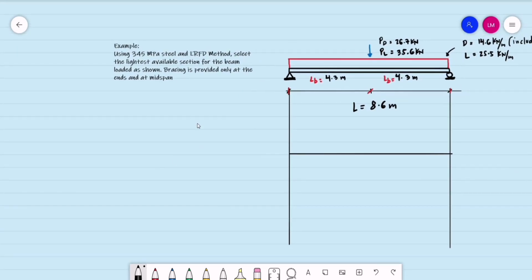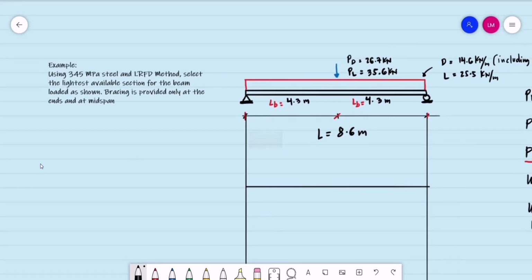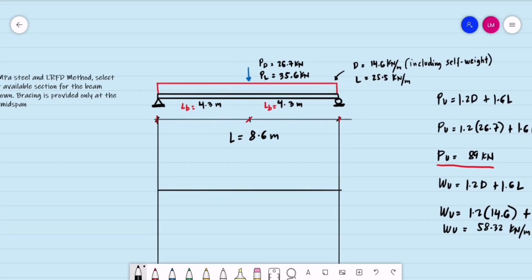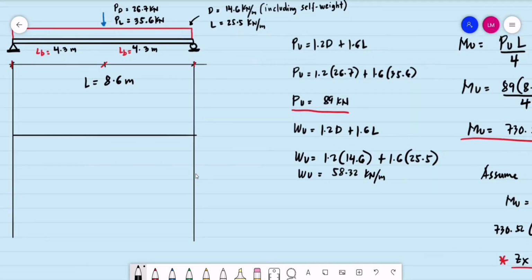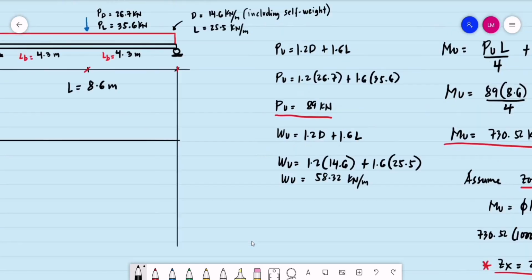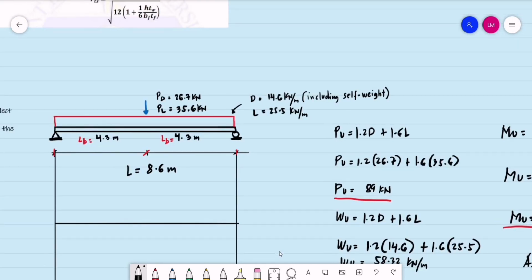Okay, so for us to do our shear and moment diagram, first we need to compute for the support reaction. Since we have a uniform loading, basically we have now our ultimate concentrated load, that is the P sub U, and the ultimate uniform load. So we have equal support reactions since this concentrated load is at the midspan.